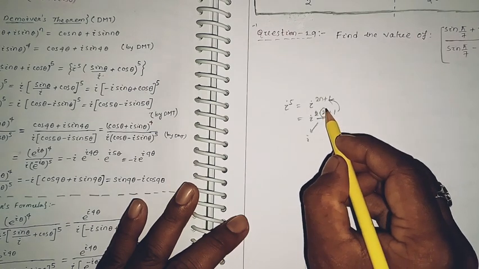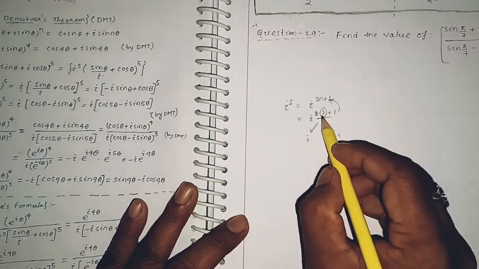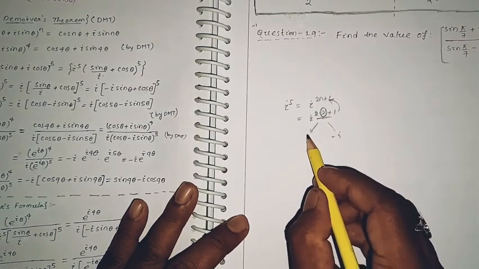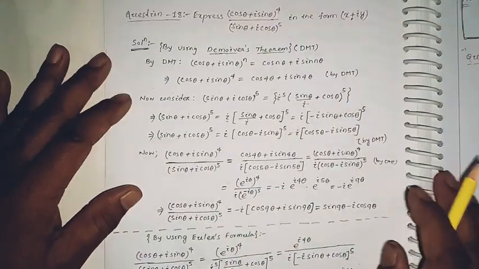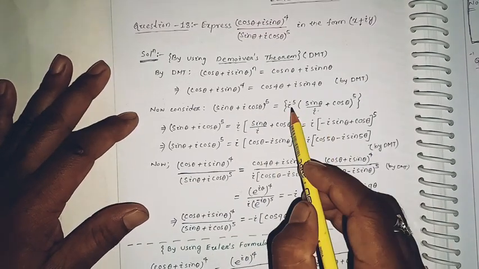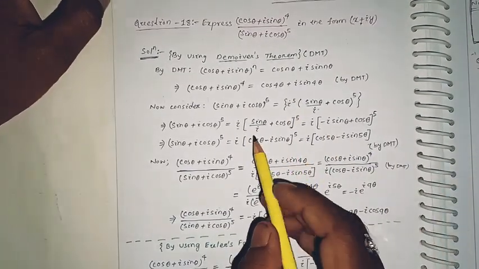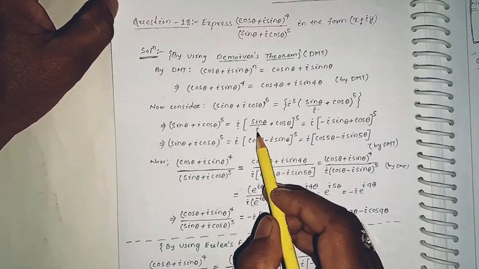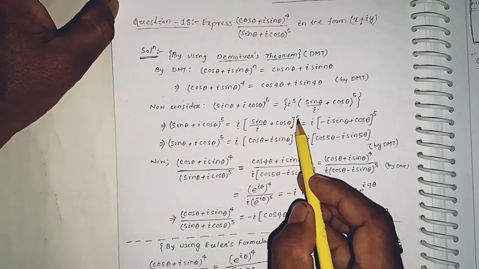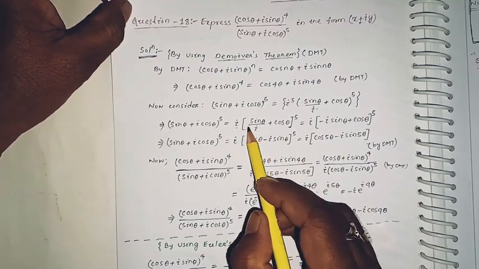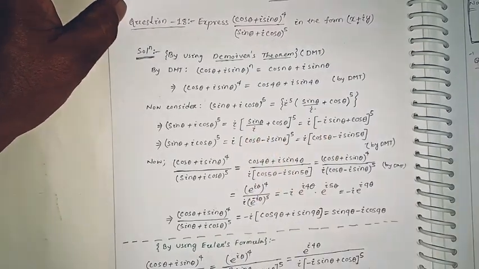Here the small n is even, so the value will be i. So i to the power 5 is written as i. Then i times (sin theta by i plus cos theta) to the power 5 is equal to i, and 1 by i, when i is moved to the numerator, becomes minus i.